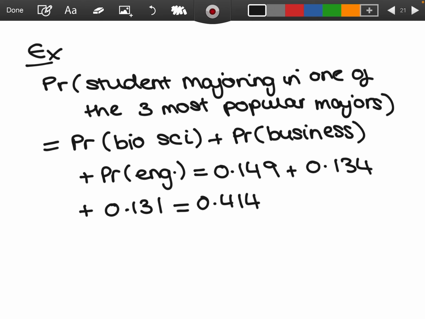And when you add those together, you should get 0.414.